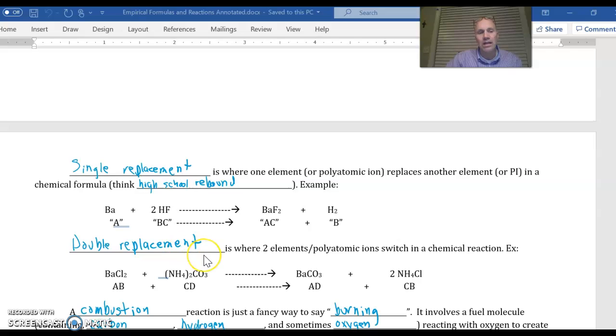All right, and the last of these types of reactions is a double replacement. All right, and this is where two elements or polyatomic ions switch in a chemical reaction.